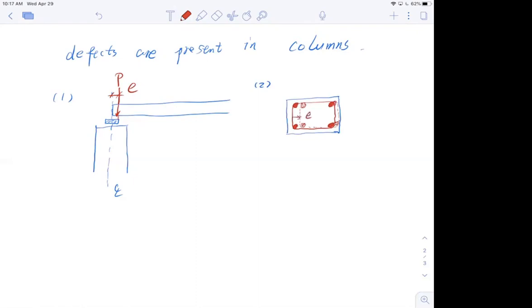I cause a shift of the centroid. So when my force is applied, supposedly in the middle, I end up applying it with eccentricity e here. So long story short, we always have to consider bending moment. The bending moment M equal to force multiplied by eccentricity needs to be considered.